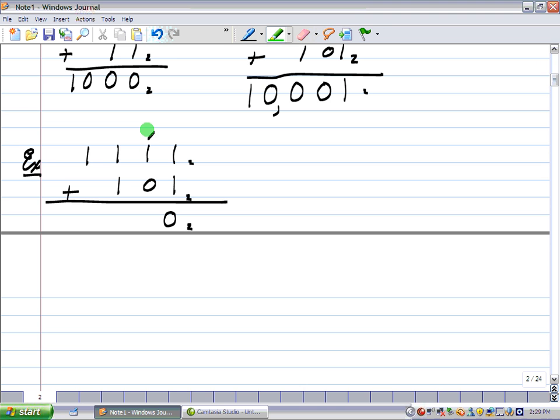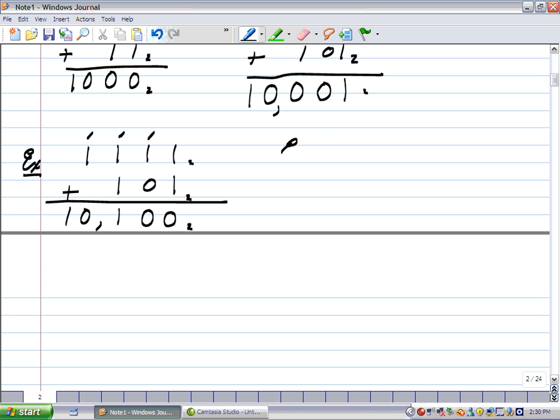Okay, now the carried 1 plus 1, that's 1, 0, plus 0, so it's still 1, 0. Carry 1. 1 plus 1 is 1, 0, plus another 1 is 1, 1. So I'll put the 1 and carry the 1. 1 plus 1 is 1, 0.